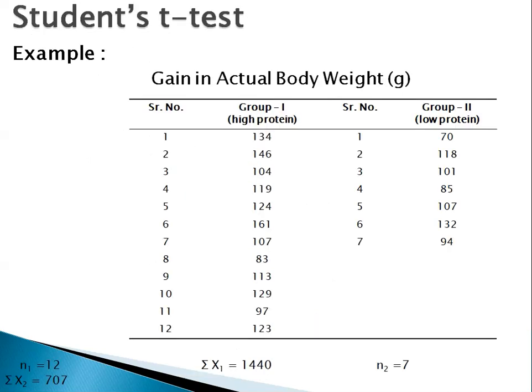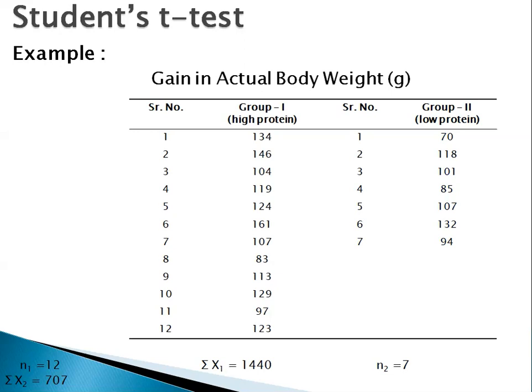So this is the example for the student t-test. See here, the experiment is done in which a population is taken, and we have to check the body weight in a group with a high protein diet and in a group with a low protein diet.